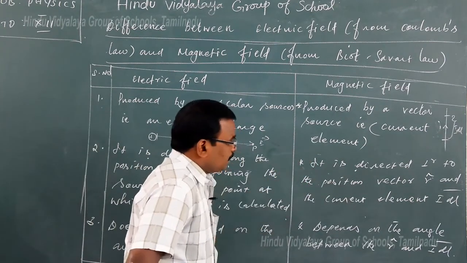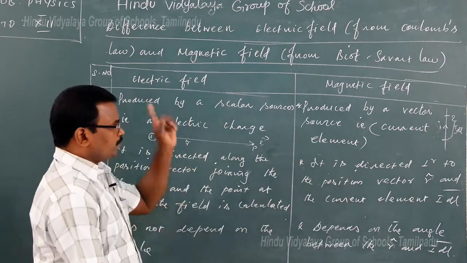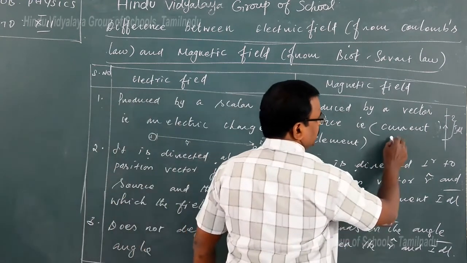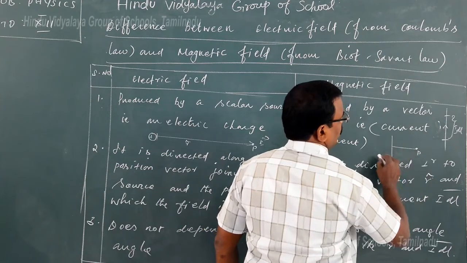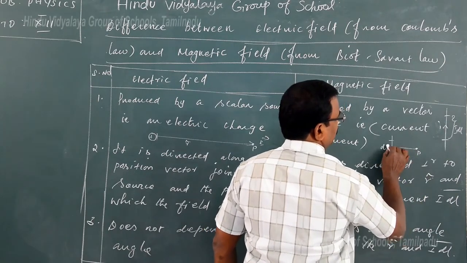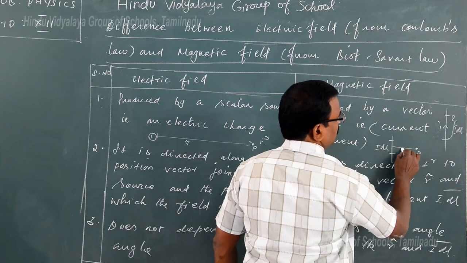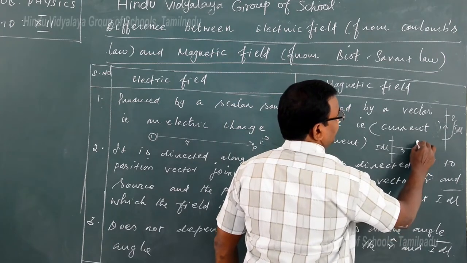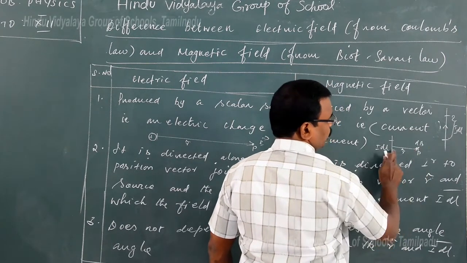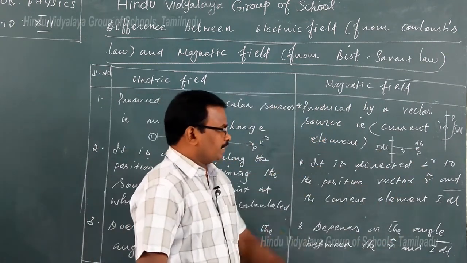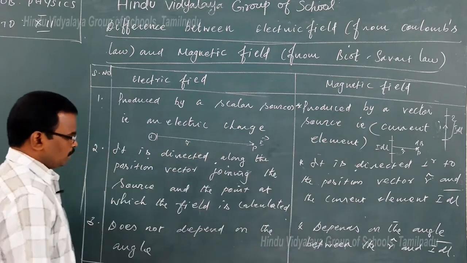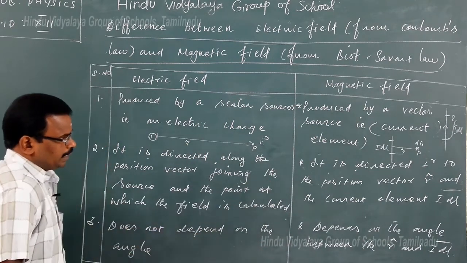But the magnetic field is directed perpendicular to the position vector. In a similar way, this is the conductor and the position vector here. Here only we have to find this magnetic field, the length dl, position vector r. The magnetic field at this point is perpendicular to both the dl as well as the position vector. Current element dl, position vector r.